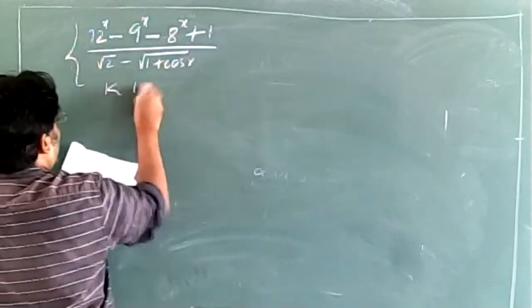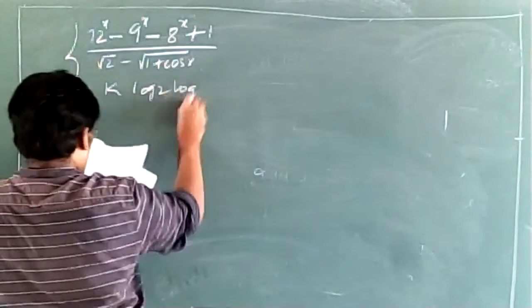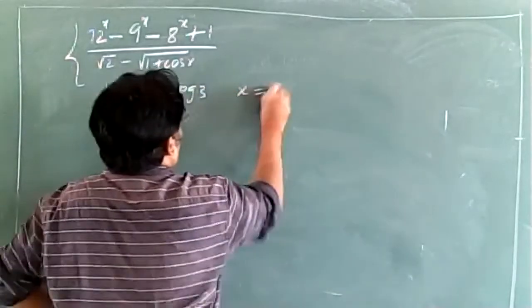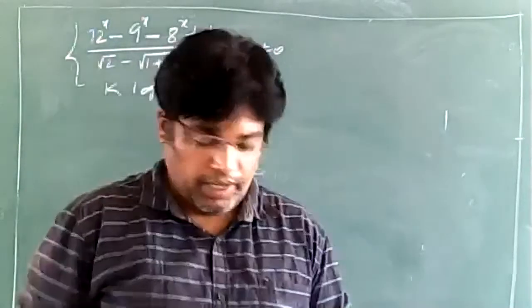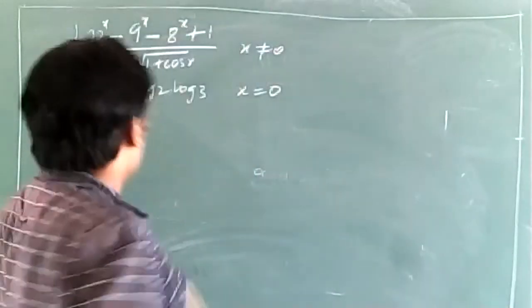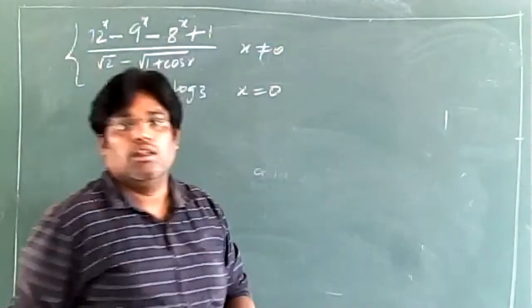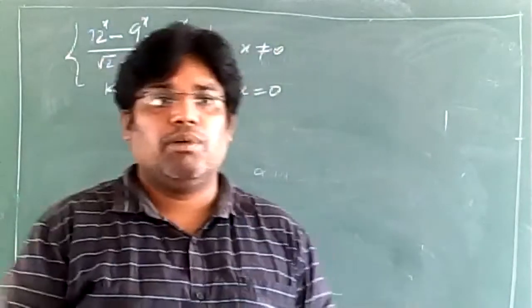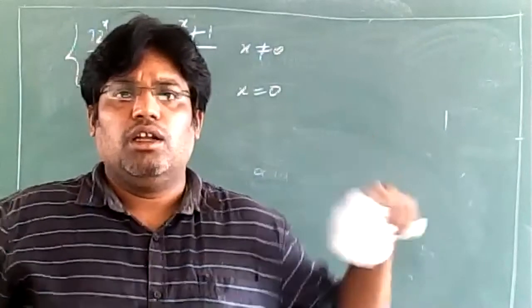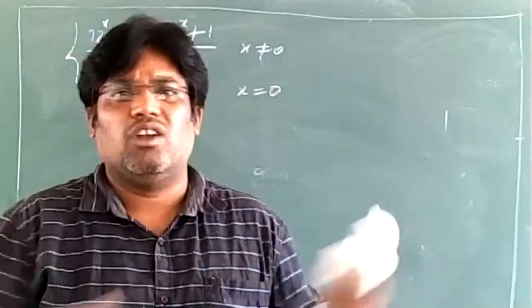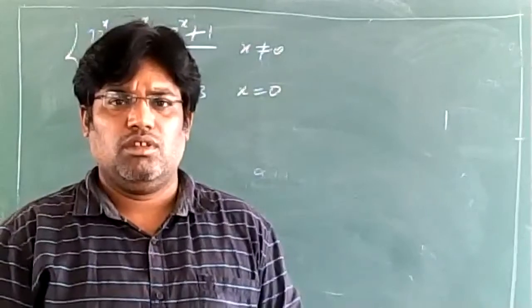K into log 2 into log 3 for x equal to 0, for x not equal to 0. The question is find the value of k. You don't try to differentiate, because a power x minus b power x minus c power x, that complete function, however you differentiate, it will not attain 0. Getting?